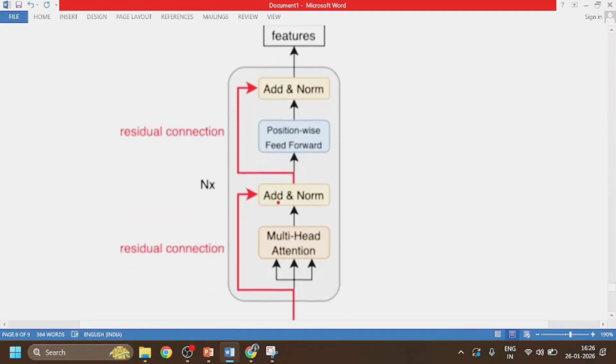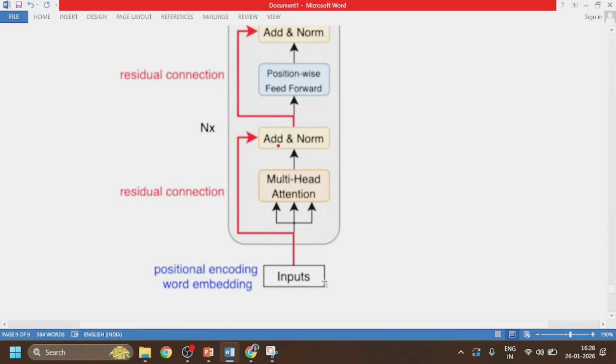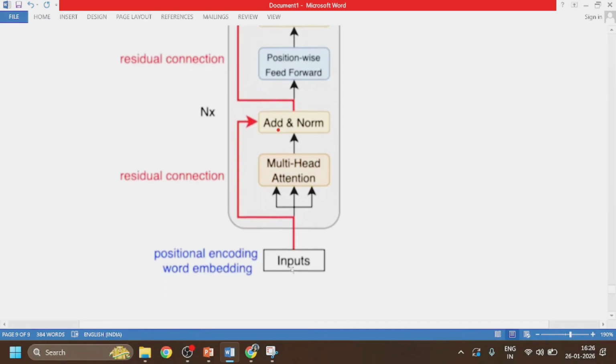Let's summarize the encoder block again. Here you can see this is the input: input embedding plus positional encoding. After this we pass it to multi-head attention, and here we add and normalize.